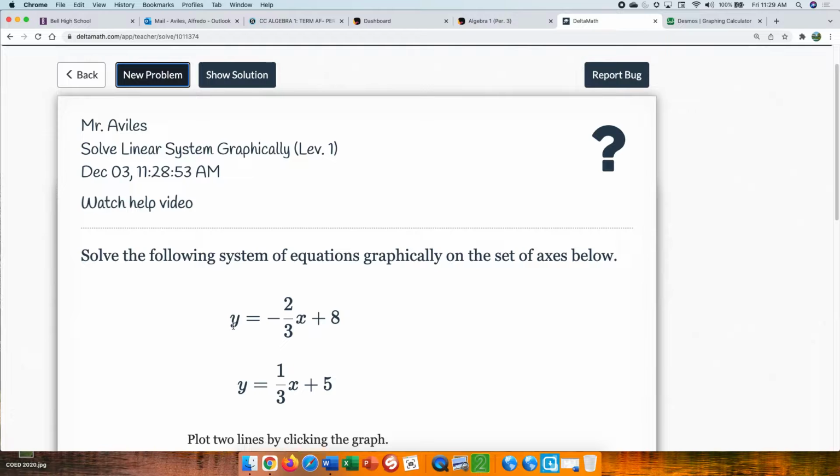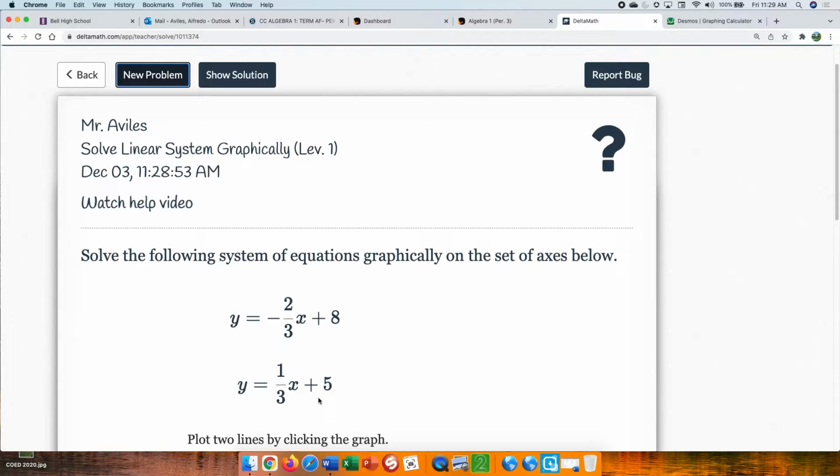Because when it's solved for y in slope-intercept form, I know that this part right here, hopefully a fraction, is your rise and your run. Remember that? And then what's this number on this side? The y-intercept. Okay?